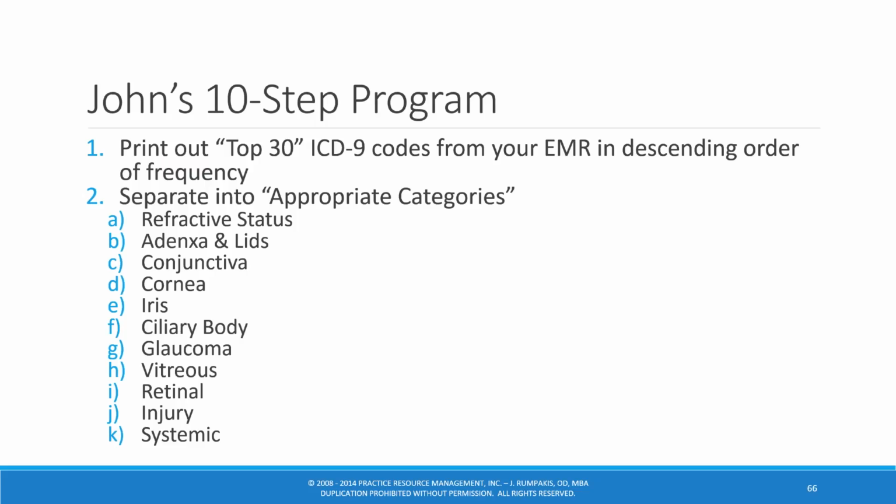Organize them in descending order. The most frequent ones that you're using at the top of the list, the less frequent ones as we go down the list, okay? Then separate those into appropriate categories. We all know that your refractive codes are going to be the most frequently that you use. Myopia is going to probably be your #1 code, followed by probably presbyopia, followed by astigmatism, followed by hyperopia.